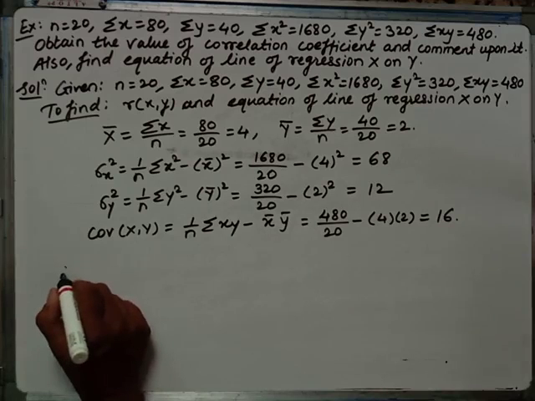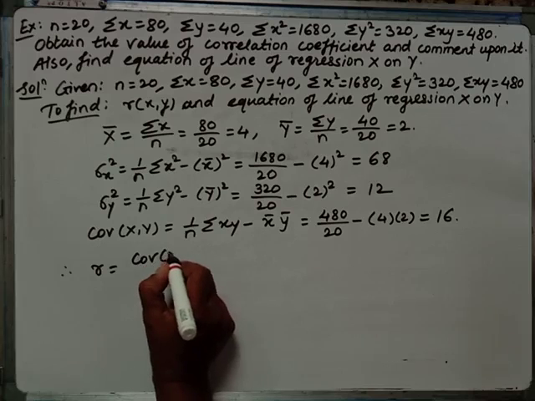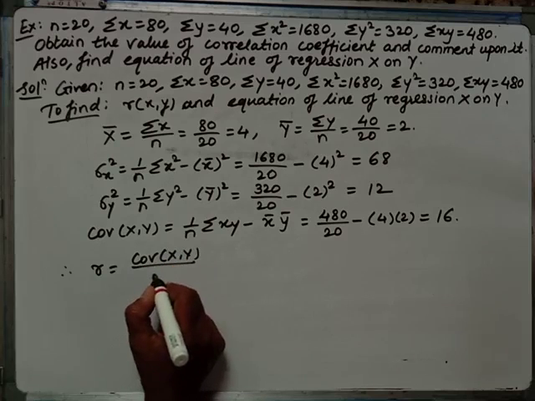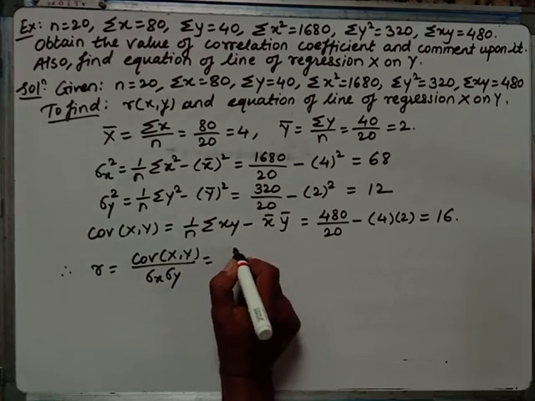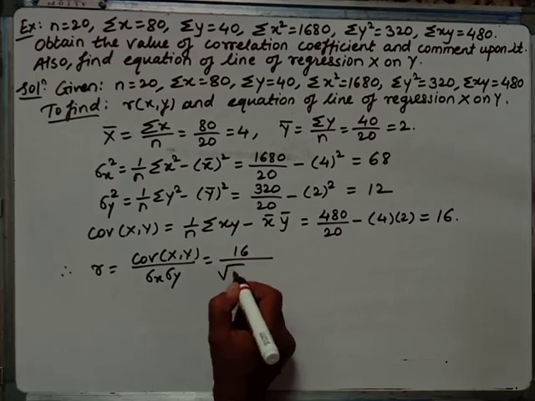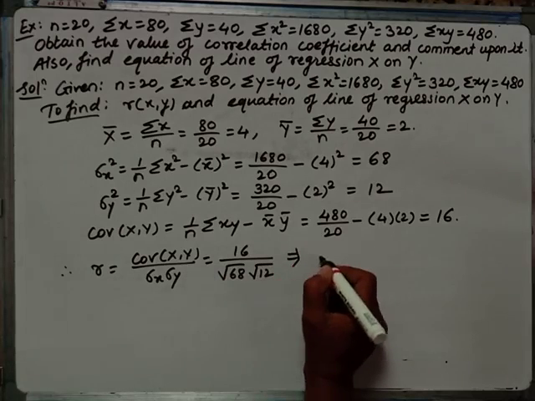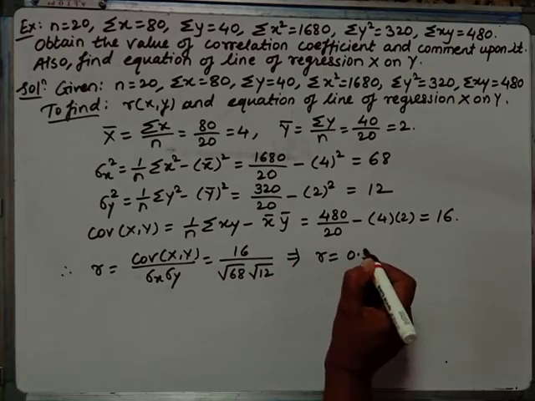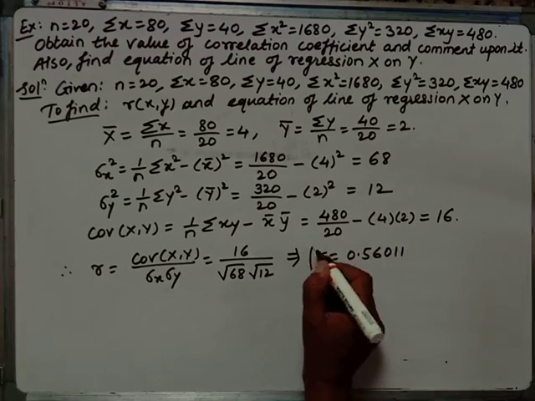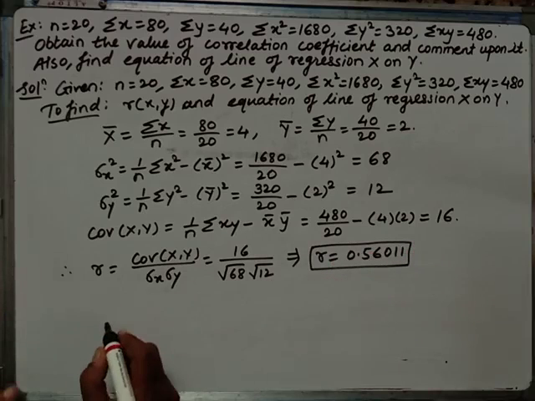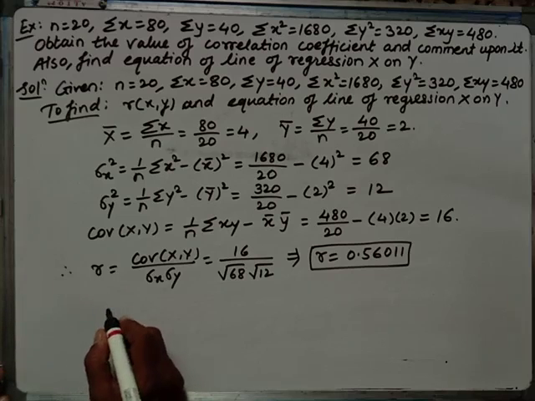Now we have to determine r of xy, which is covariance between x and y upon sigma x into sigma y. So it will be 16 upon sigma x, root 68, sigma y, root 12. So this gives us r is 0.56011. Remember it.